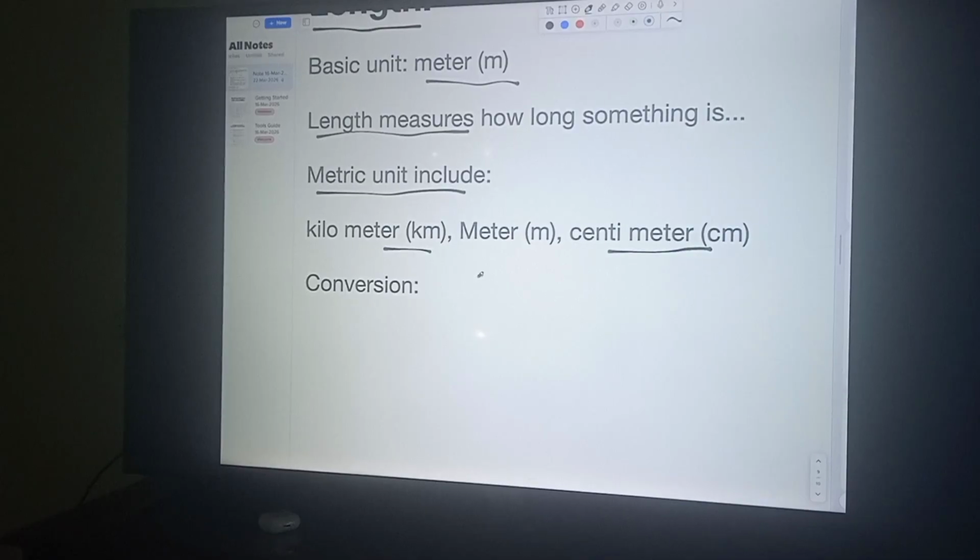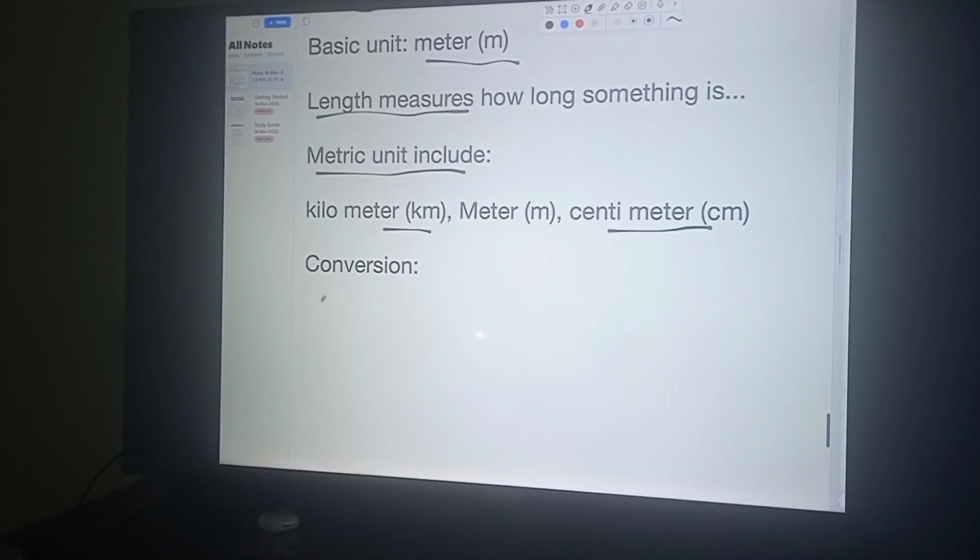Conversion. Suppose we are converting 1 kilometer to meter. Then 1 kilometer is equal to 1000 meter.